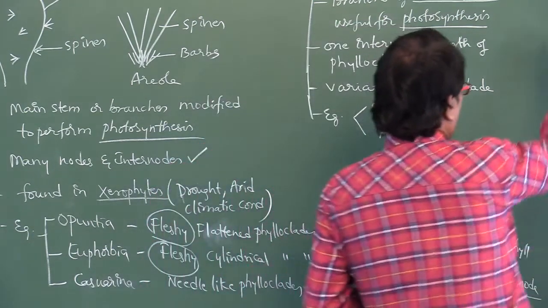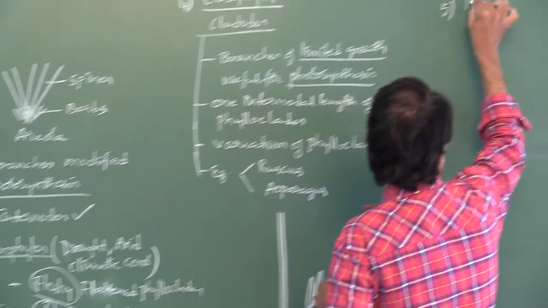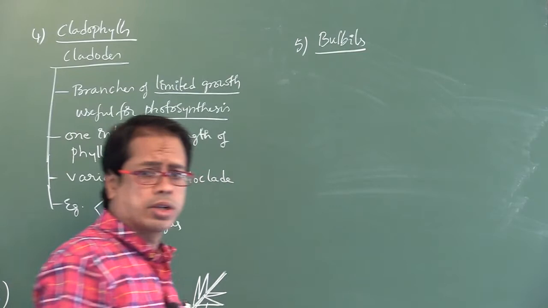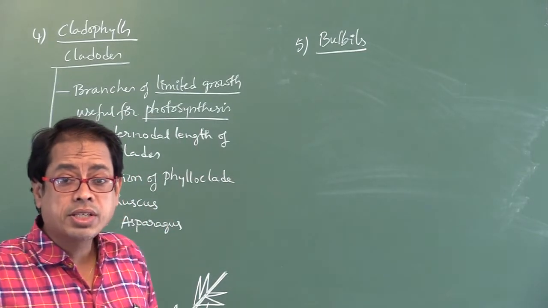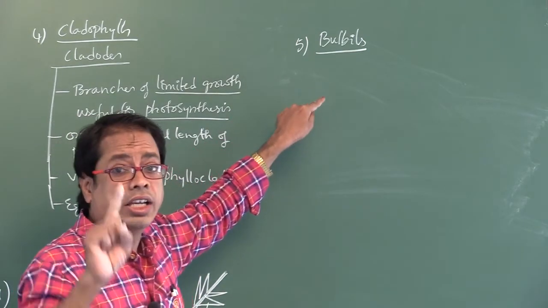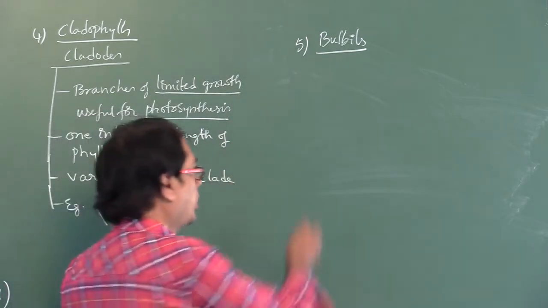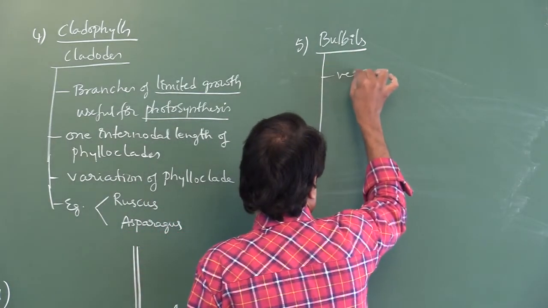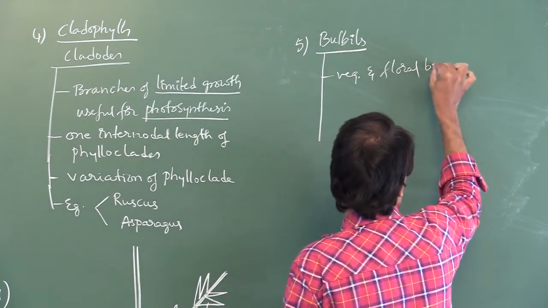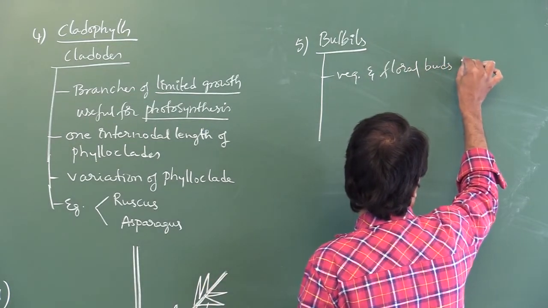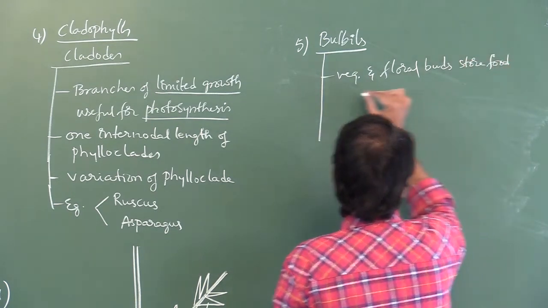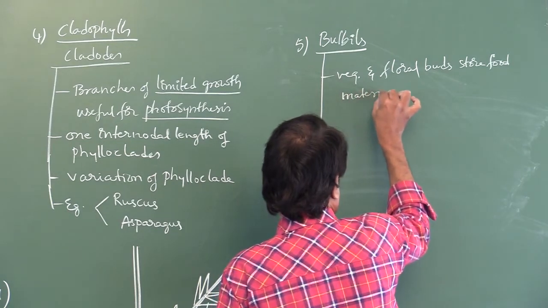Last one, that is bulbils. Bulb is an underground stem modification, whereas bulbil is an aerial stem modification. Here the vegetative and floral buds store food materials.